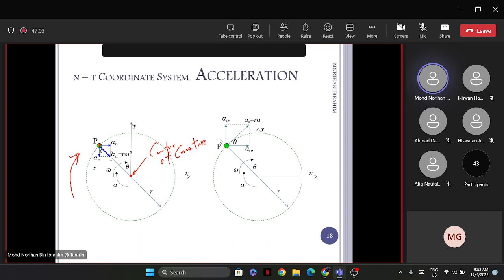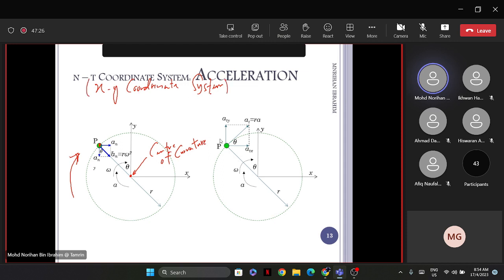So an, let's say we want to apply this rectangular xy coordinates system. So the normal tangent coordinate system in xy coordinate system.